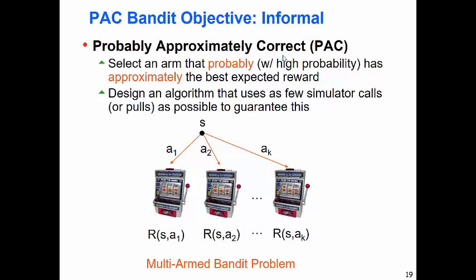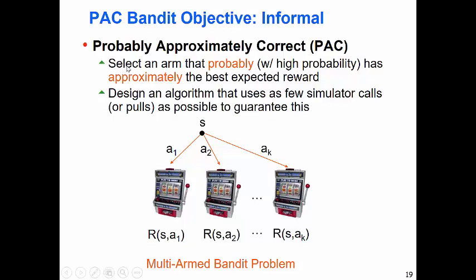Hopefully by the end of this lecture, that'll be clear. It sounds like a pretty unmathematical thing, like probably, approximately, like somebody's trying to weasel their way out of being accurate somehow. But the probably and the approximately actually have very precise meanings and uses, and we'll see that.